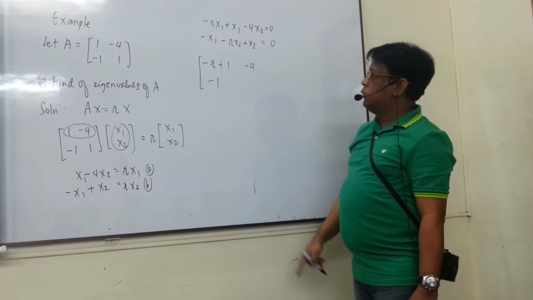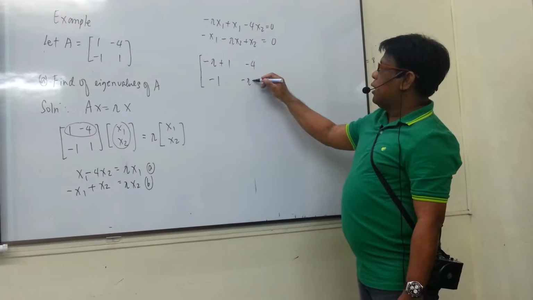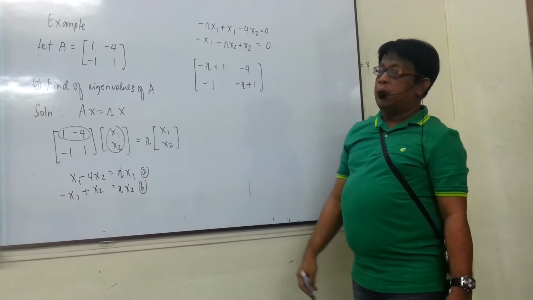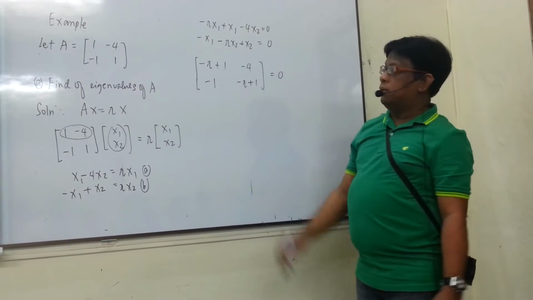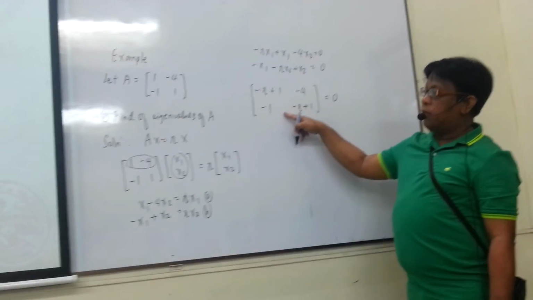What about for x2? Negative lambda plus 1. Then equated to 0.